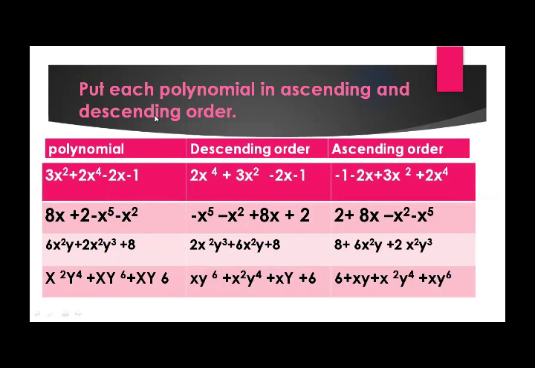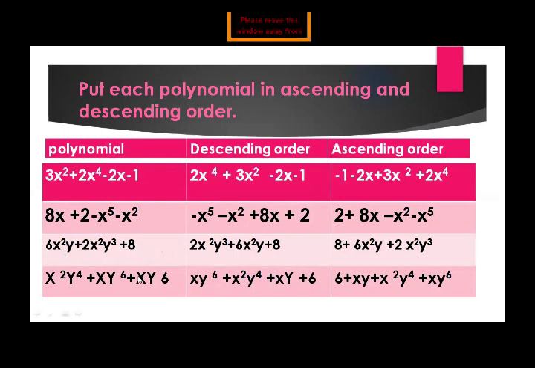The second condition is that if no condition is there, you will see which variable has the highest exponent, and you will arrange your polynomial according to that. In this polynomial, we observe that there are two variables x and y.